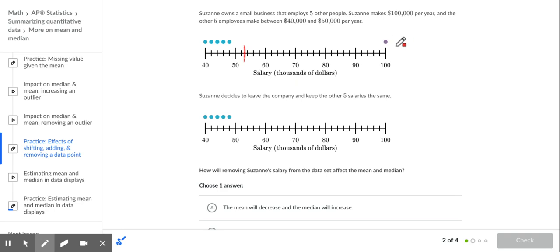Okay, with this outlier, notice this mean is not even in this data set. It's all the way out here because this outlier is skewing it so much to one side that it's not anywhere near most of the data.